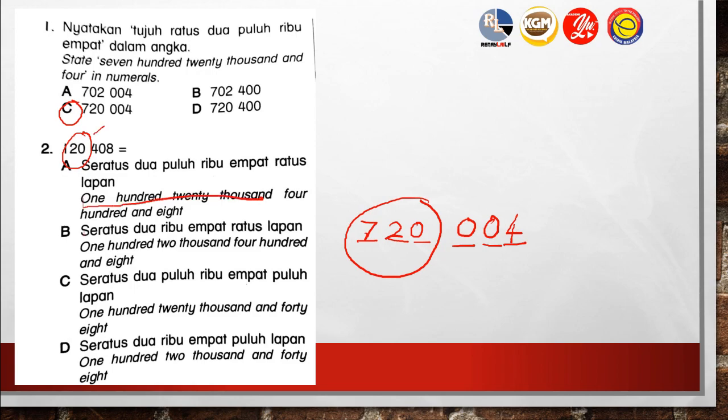This is correct. 102,000 is already wrong. So it's either A or C. 120,408 is correct. Let's look at C. 120,048 is wrong. So the answer is A. So that's how you do it.